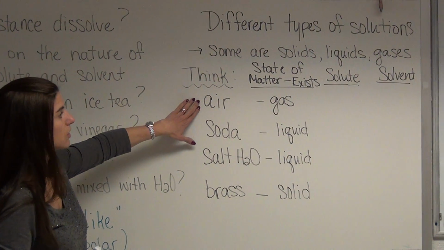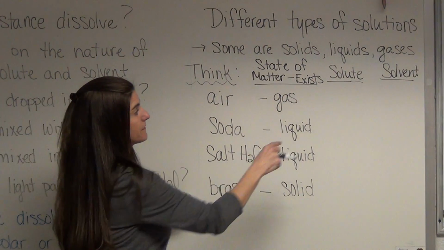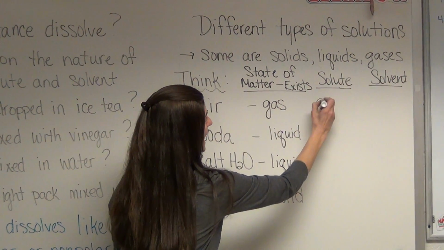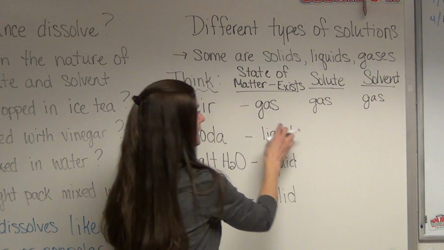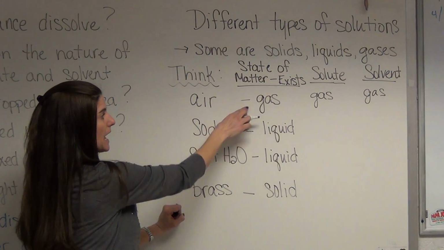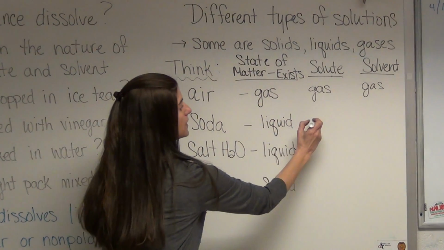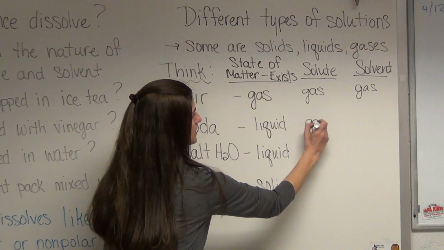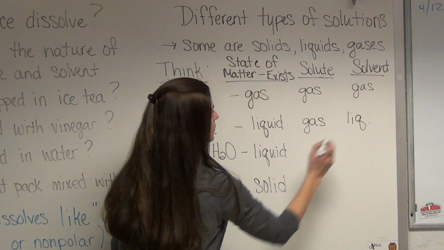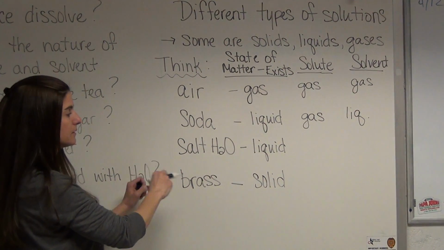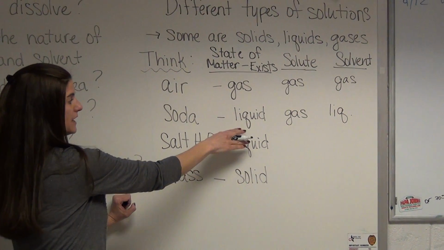So if we look at air, well, what makes up air? Different gases. So we can say that the solute is actually a gas that's been dissolved in another gas. And as it exists, it's a gas. Well, think of soda. What happens? Well, we have those little bubbles. Well, that's a gas. That's the CO2 that's dissolved into a liquid. When you pop the top, you release that gas and you see those little bubbles, which is called effervescence.